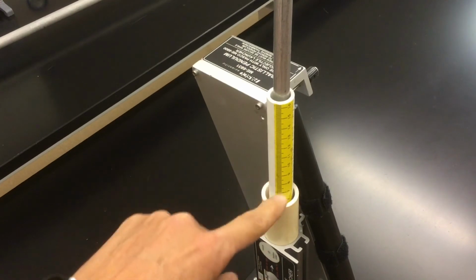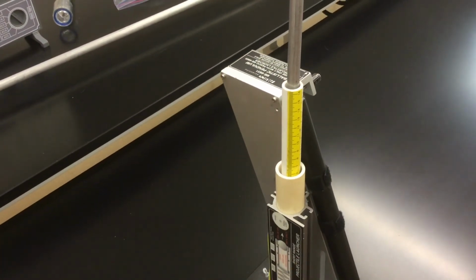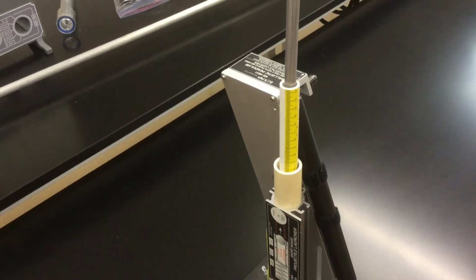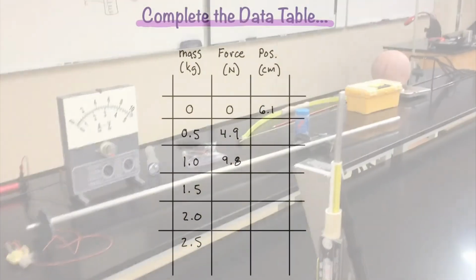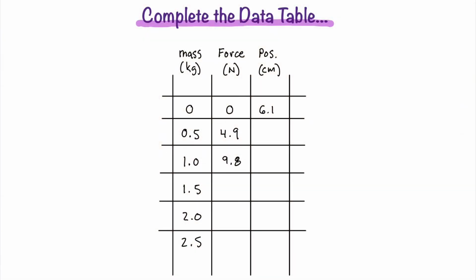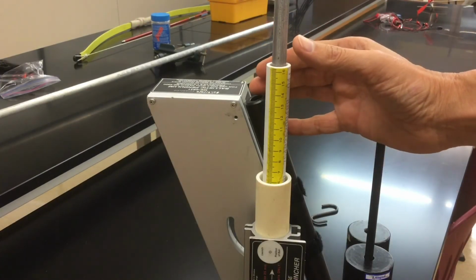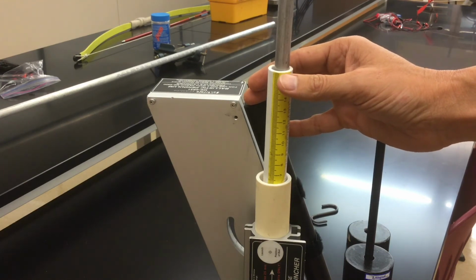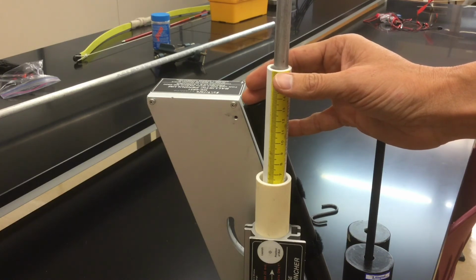Well, if we know how far it compresses, given the amount of weight that's placed on it, we can graph that all out, and from the slope of a graph of force versus compression, we can find the K value of our spring. So with no weight on it at all, it sits right at the 6.1 centimeter mark.